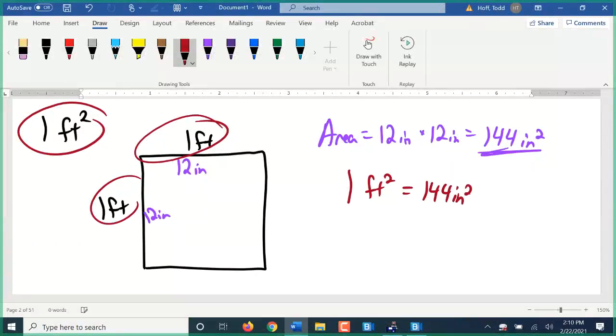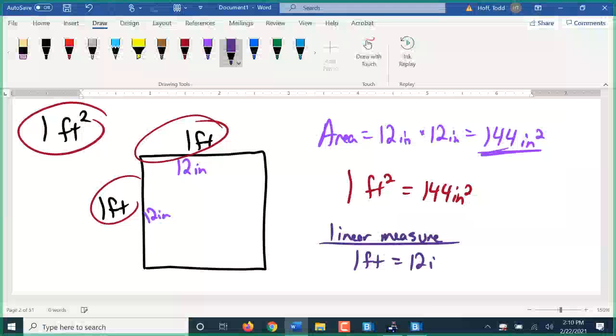Now, as we look at that, we notice that it is actually related to our conversion for length. 1 linear foot equals 12 linear inches, or 1 regular foot equals 12 regular inches, if you prefer to say it that way.